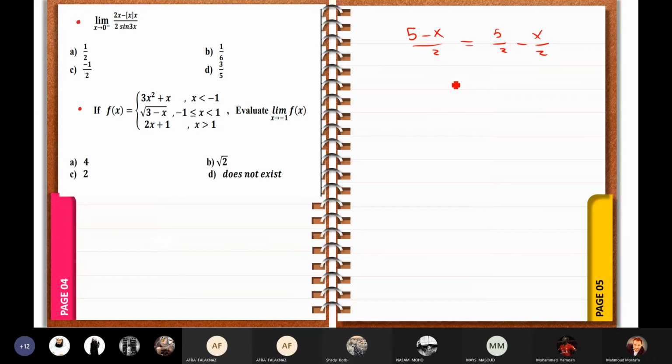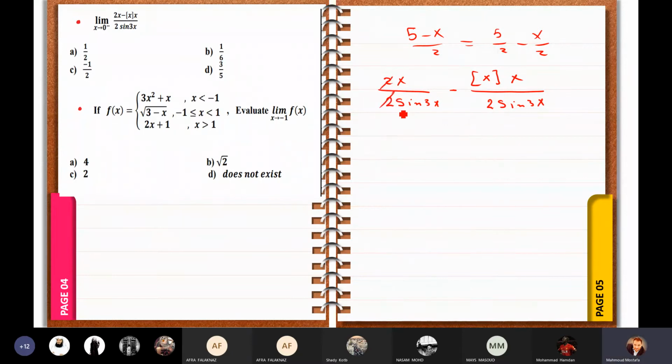Yes, Mr. That's what happened here exactly. It will be 2x over 2 sine 3x minus integer x multiplied by x over 2 sine 3x.